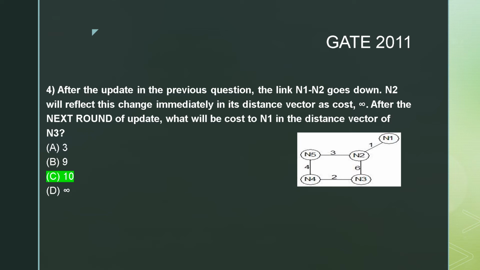In the previous question we got N3's vector: N3 to N1 changed to 2, so 1 plus 2, 3; N3 to N2, 2; N3 to N3, 0; N3 to N4, 2; N3 to N5, it was 5. This was the cost. Now this is the breakdown.